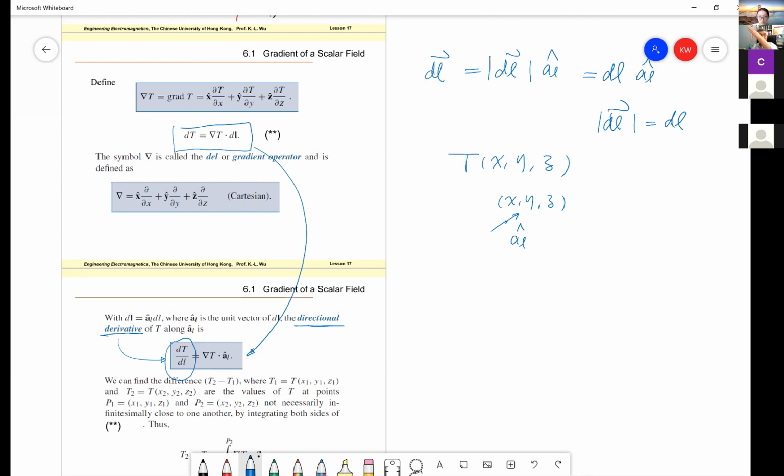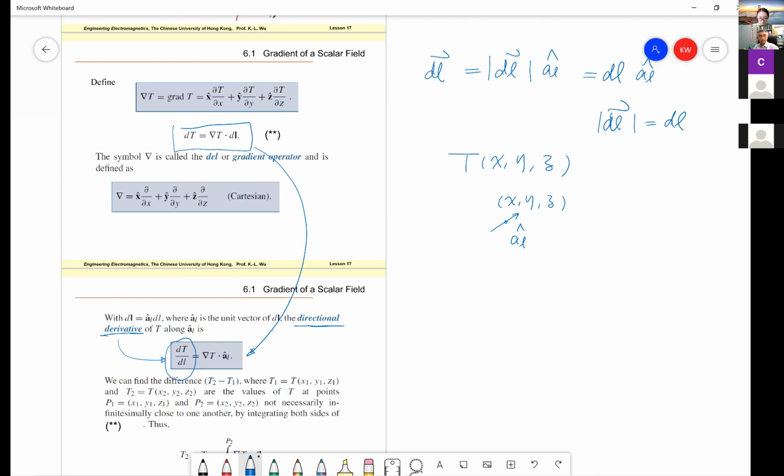What is its derivative in this particular direction? Given a particular direction, this is called the directional derivative.